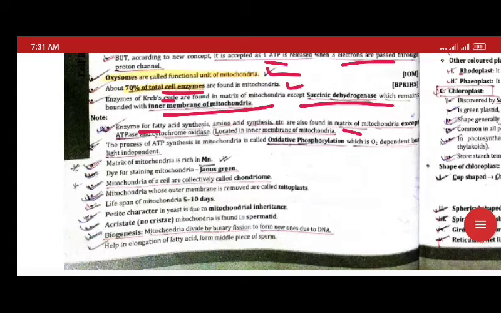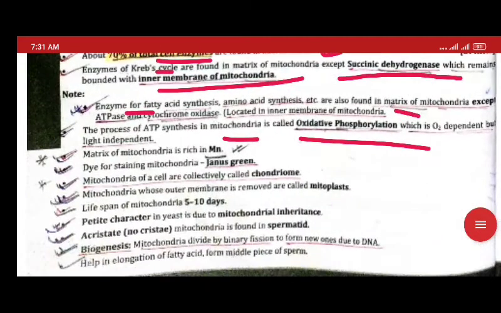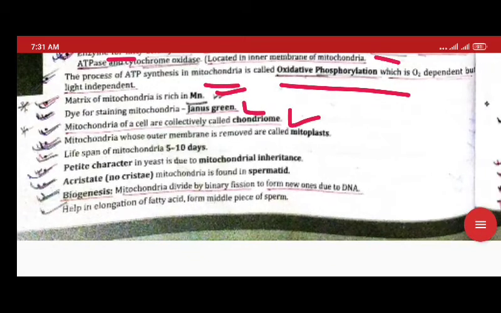Now ATP production or synthesis in the mitochondria is called oxidative phosphorylation. And the matrix of mitochondria contains manganese. The dye for mitochondria staining is Janus green. Also, mitochondria in a cell are called chondriosomes. So mitochondria have different names: chondriosome, ATP mill, mitochondria.